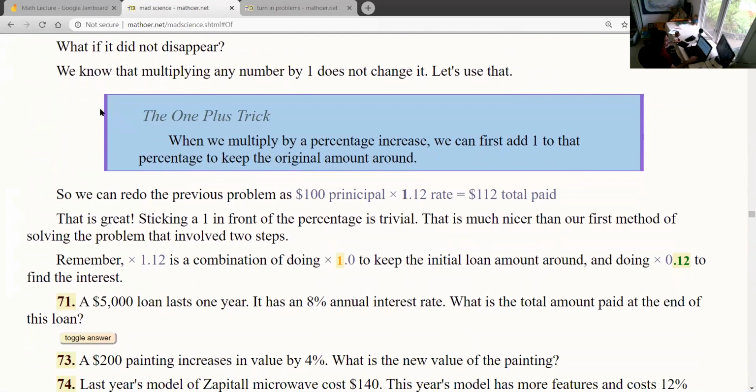So the 1+ trick says that if we're multiplying to do a percent increase, we can add 1 to the percent to keep the original amount around.